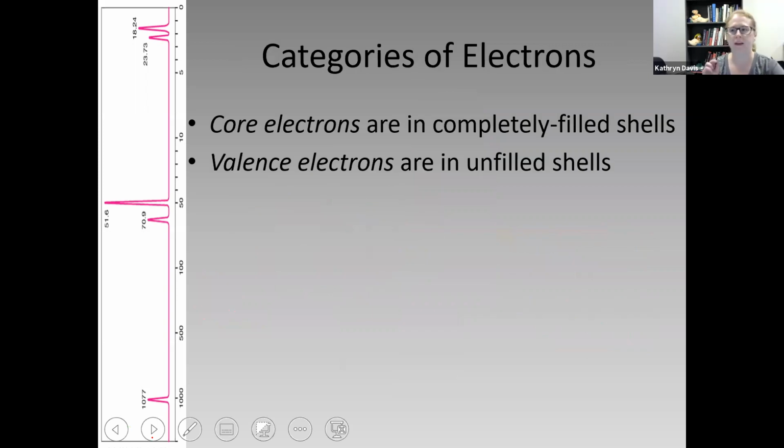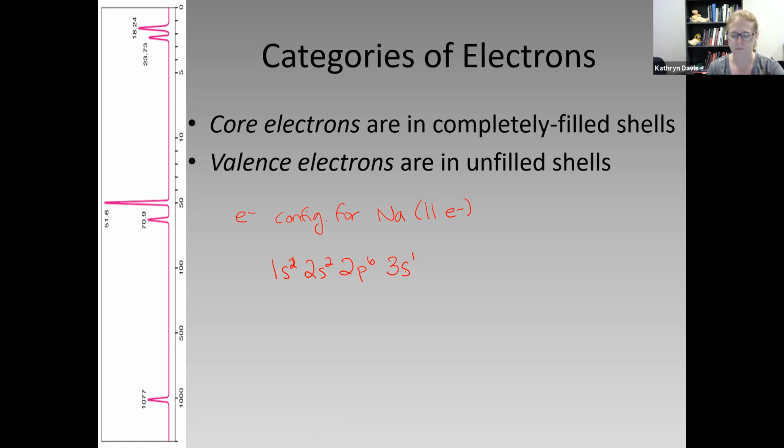Before we look at the photoelectron spectrum itself, though, I do want to divide our electrons into two different categories now. And to do that, I want to do the electron configuration for sodium. Sodium has 11 electrons. And so we'd say 1s2, 2s2, 2p6, I'm up to 10 now, 3s1.